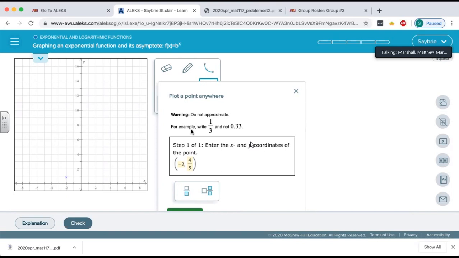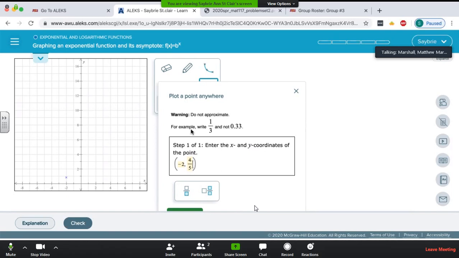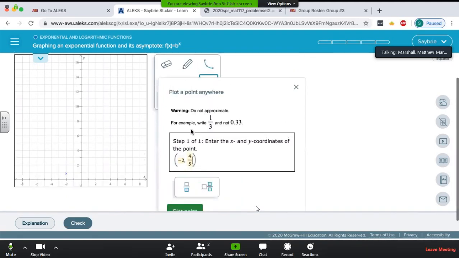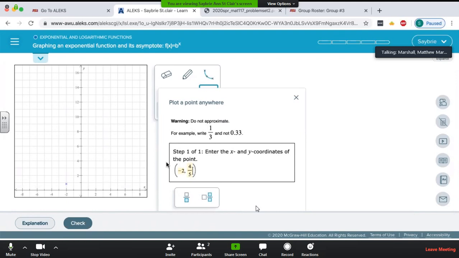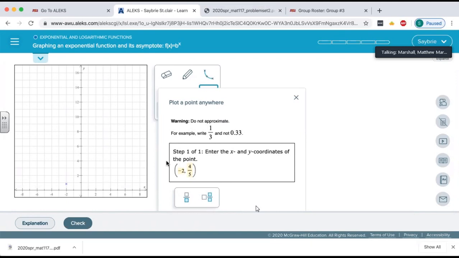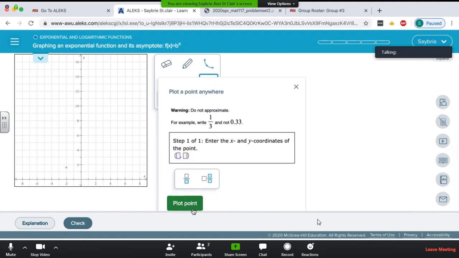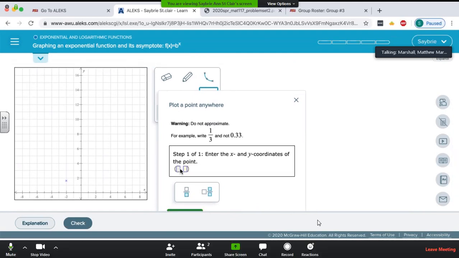Alright, so if I did 4/5 to the -2 power, that's the same as 1 over 4/5 to the second power, which is 1 over 16/25. So that's 25/16 right there. That first fraction, 25/16. There you go. And then if you plug in -1, you're going to get 5/4.